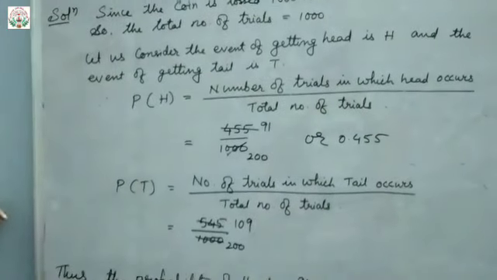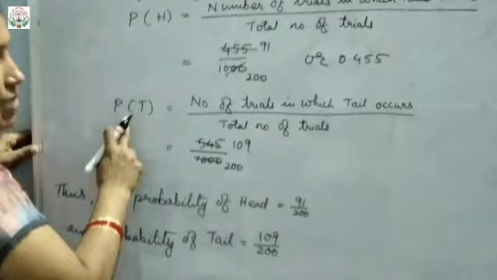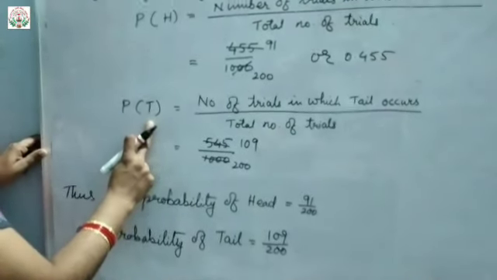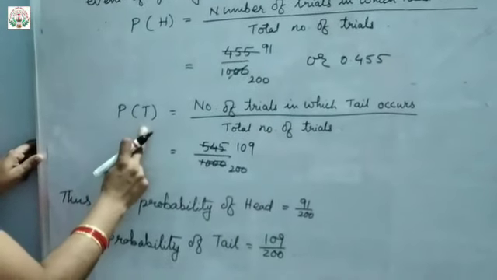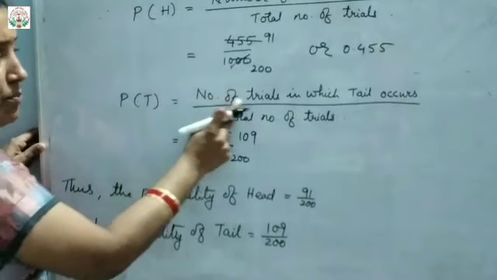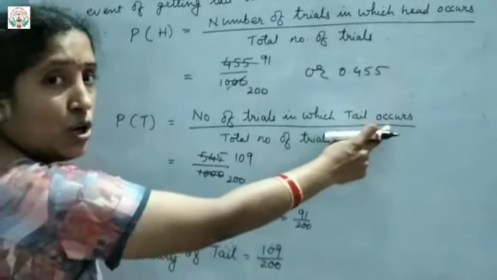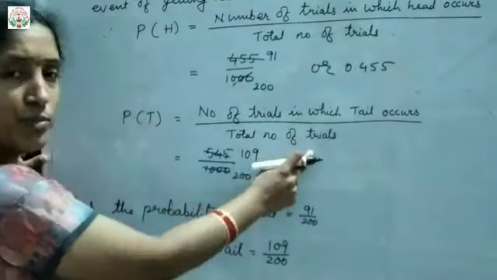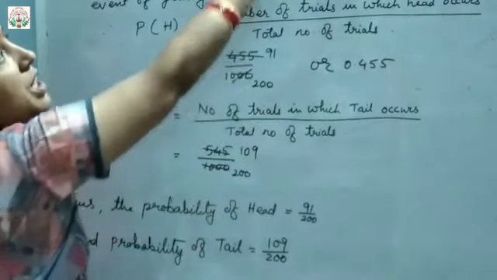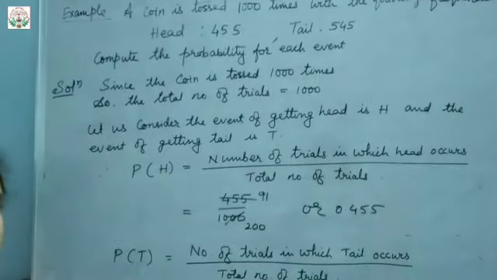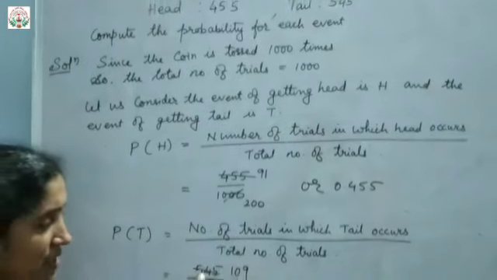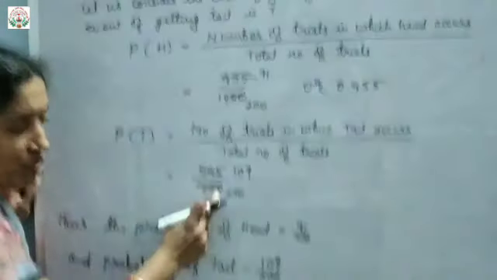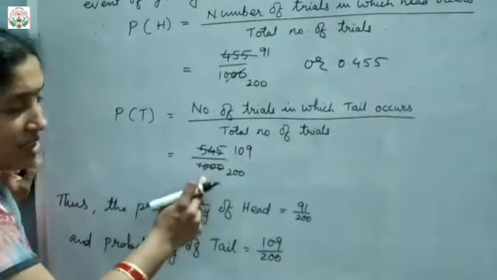Clear? Understood? Now after that, probability of tail. How many times tail appeared? Probability of tail will be number of trials in which tail occurs upon total number of trials. That is 545 upon 1000. Now both are divisible by 5.